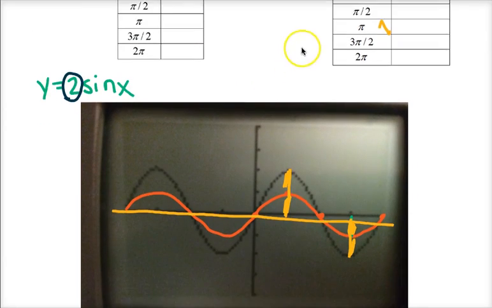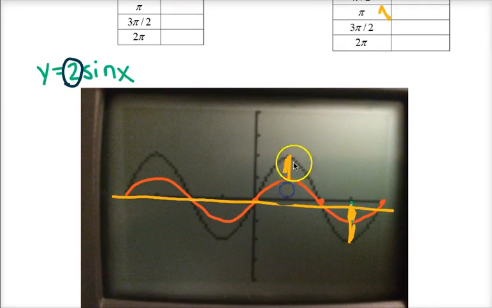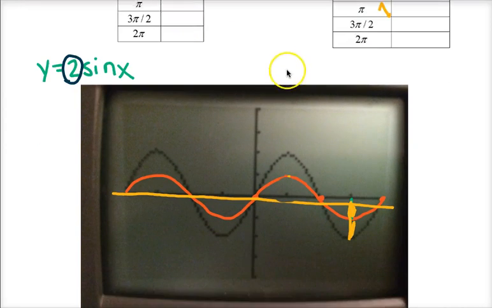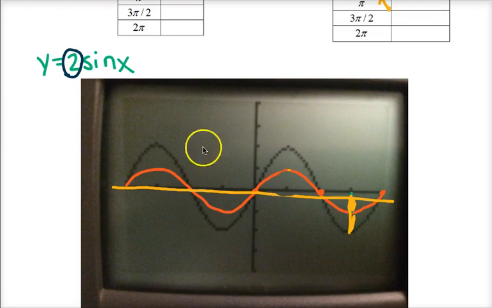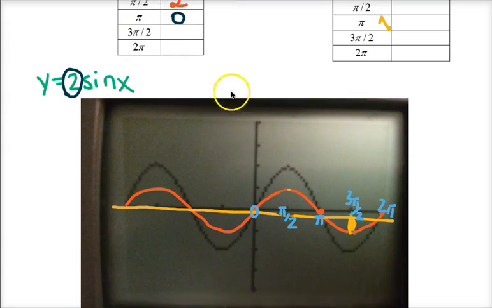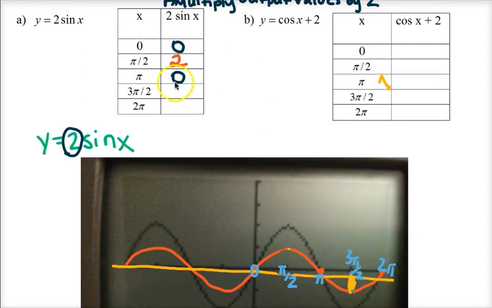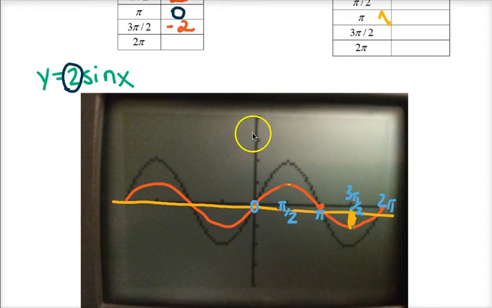But now, rather than at pi over 2 having an output value of 1, I now see that I have an output value of 2. This is 0, this is pi over 2, this is pi, this is 3 pi over 2, and this is 2 pi. At pi, we still have an output value of 0. At 3 pi over 2, rather than -1 as our output value, we have -2. And at 2 pi, we still have 0.